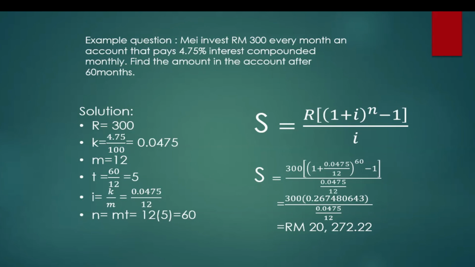Example question for future value of annuity, which is: may invest 300 ringgit every month in an account that pays 4.75% interest compounded monthly. Find the amount in the account after 60 months.